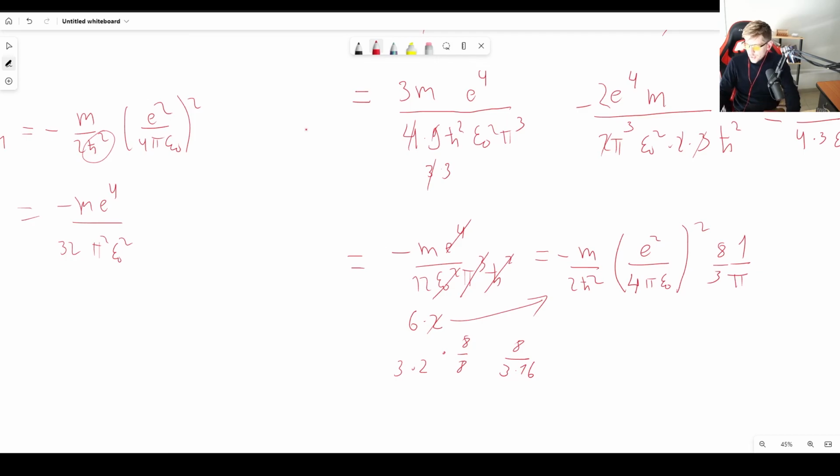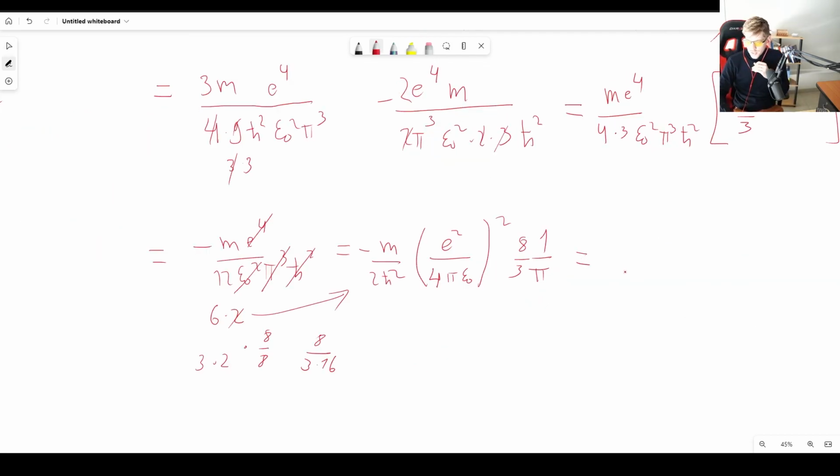So when we do this, we will have E1 from all of this times 8 over 3 pi, which we can easily calculate because E1 is minus 13.6 electron volts times 8 divided by 3 pi, which gives us approximately minus 11.5 electron volts, which is our estimate here.